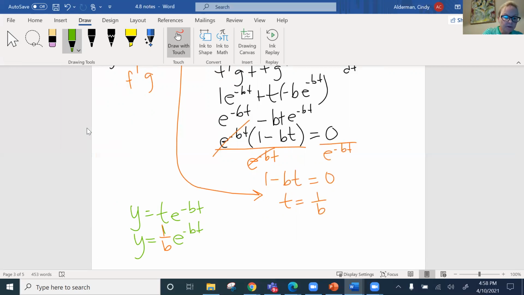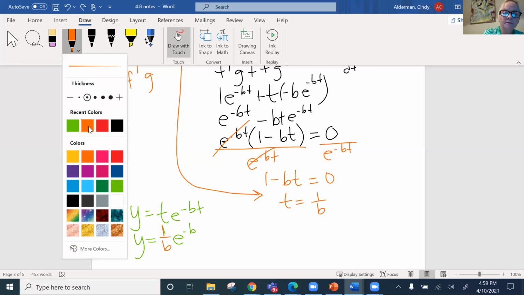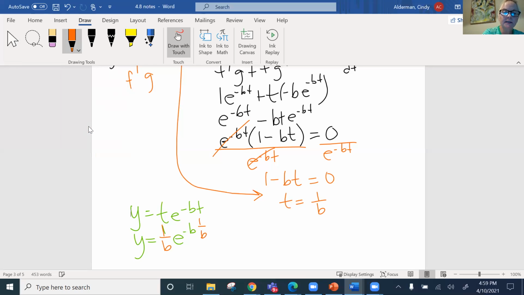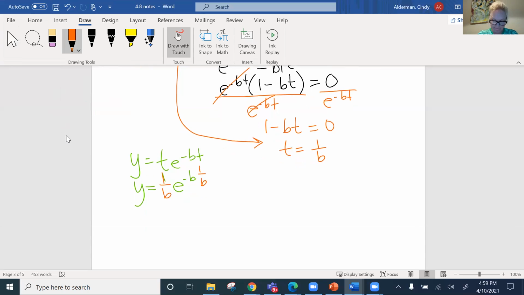Oh, sorry. We got to substitute it in both t's. So we're also going to substitute it here for t. So these are going to cancel out. So you'll just have e to the negative 1 on top. So we can say y is equal to e to the negative 1 all over b.